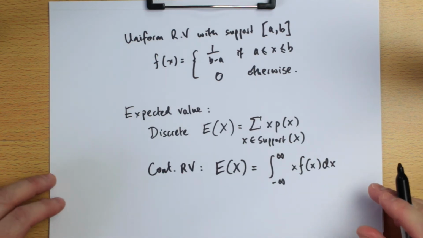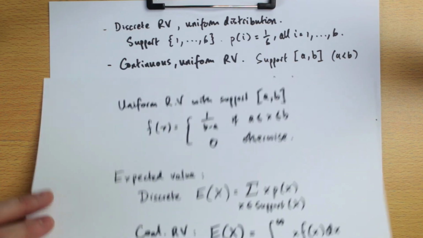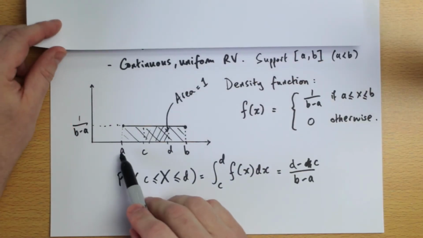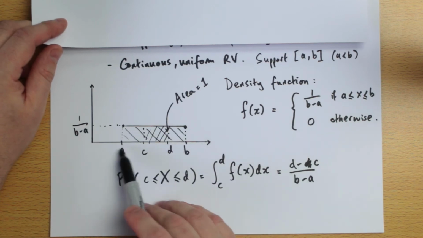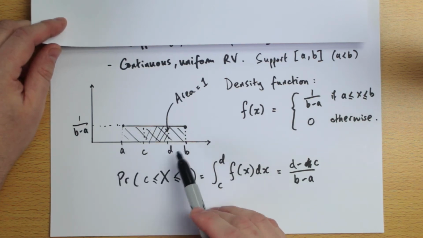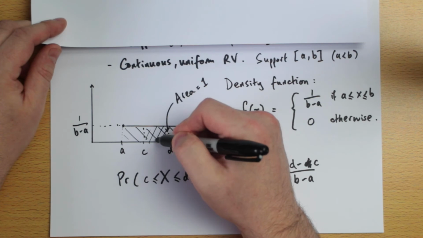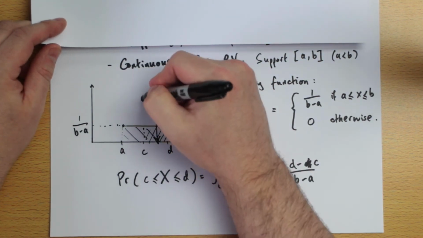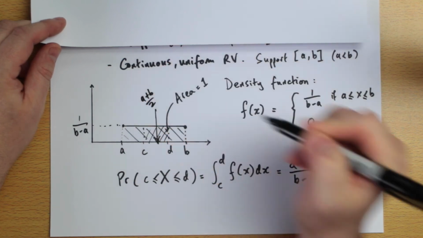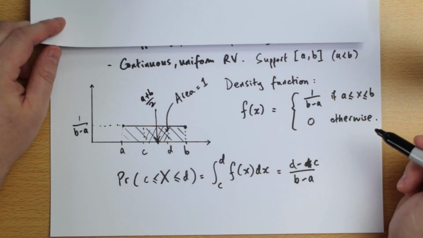Now, what about uniform random variables? If I look at this diagram here, all outcomes between A and B were equally likely. So the easy way to remember is that the value in the middle, A plus B over 2, is going to be the expected value.